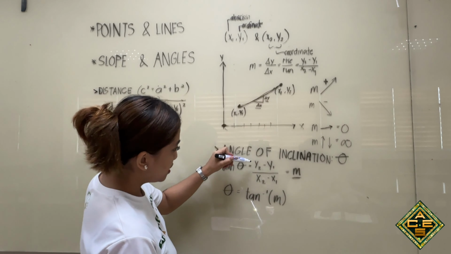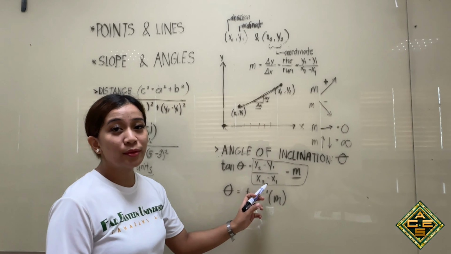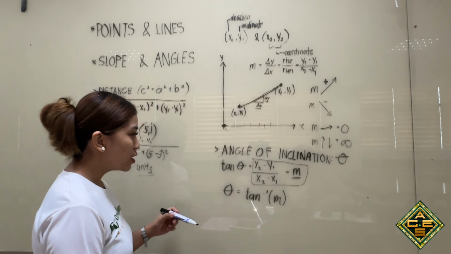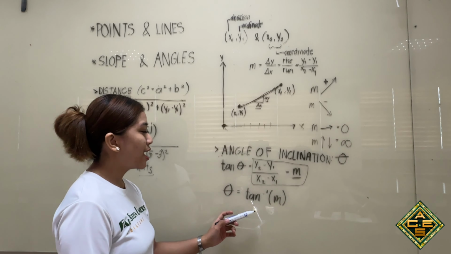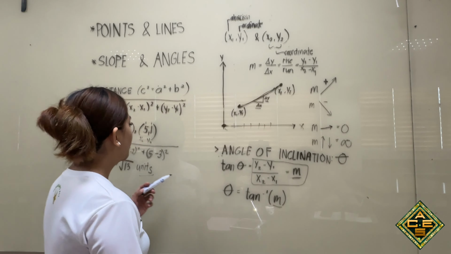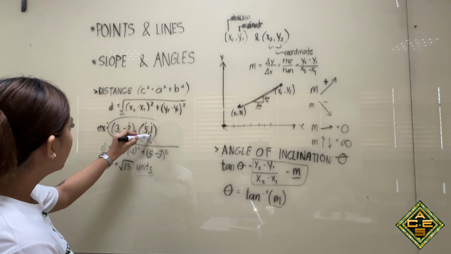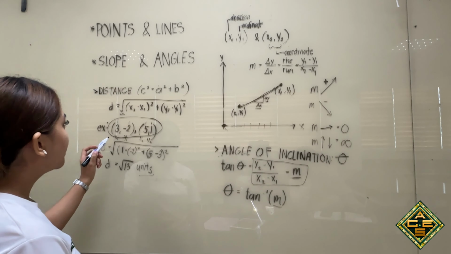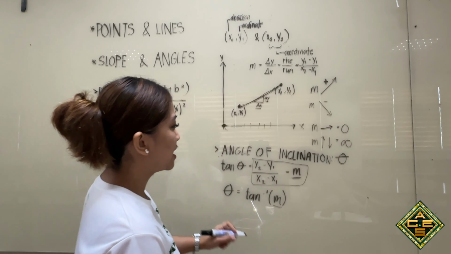This part is the formula for the slope. So to get the angle of inclination theta, we will just have to get the inverse tangent of the slope. So let's try again this given here to get the angle of inclination. Let's first get the slope.